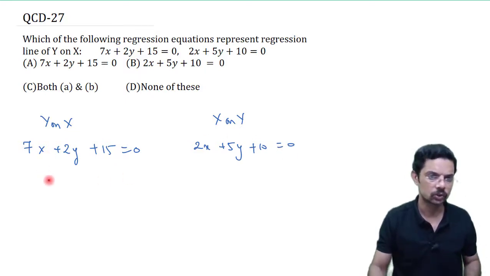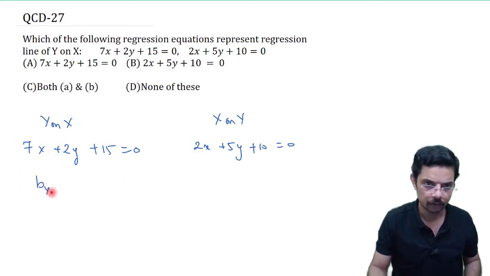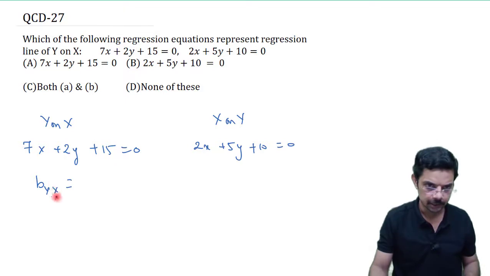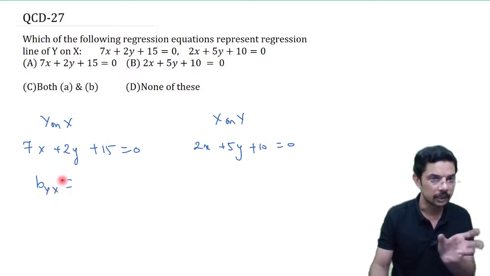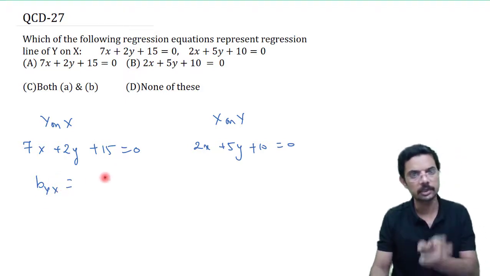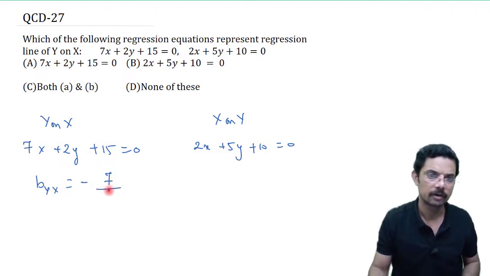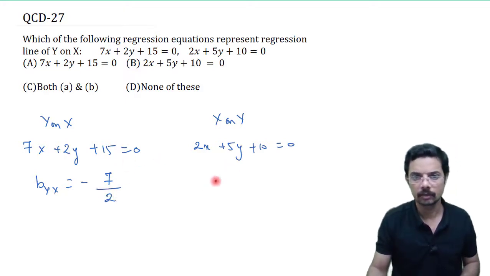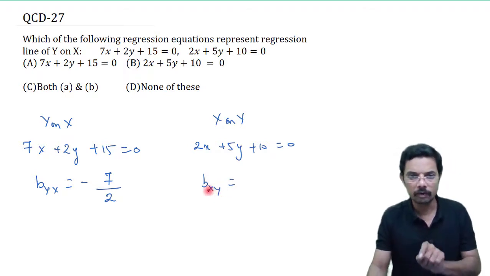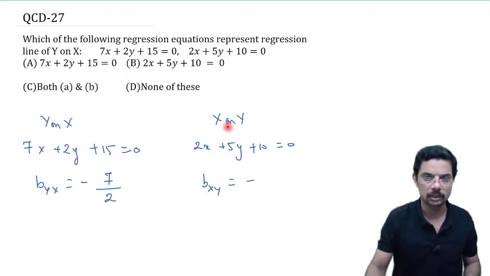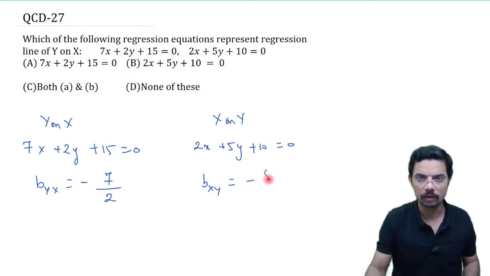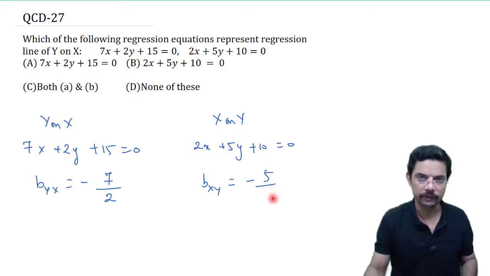So remember the shortcut. What is b of y over x? Byx will be taken as minus coefficient of x divided by coefficient of y. Coefficient of x is 7 divided by coefficient of y, that is 2. Here bxy will be minus coefficient of y divided by coefficient of x: coefficient of y is 5 divided by coefficient of x is 2.